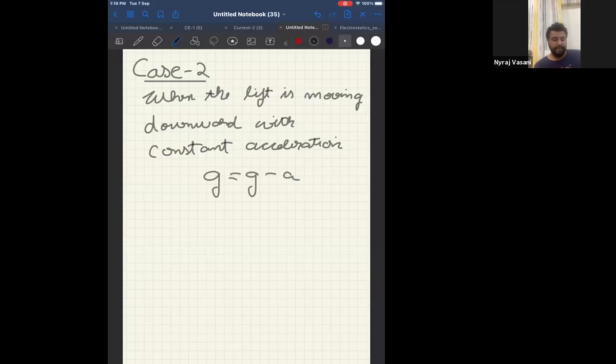Now, when the lift is coming down, can I say g is equal to g minus a? Correct. Therefore, T will be equal to 2 pi root L by (g minus a). Make a note.